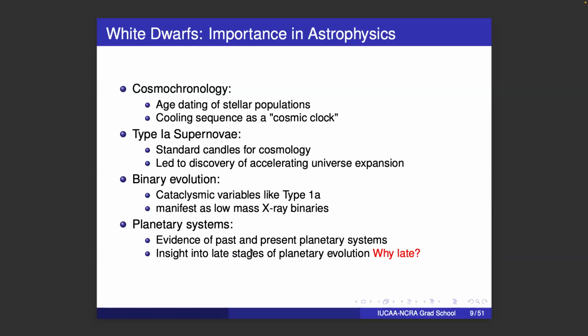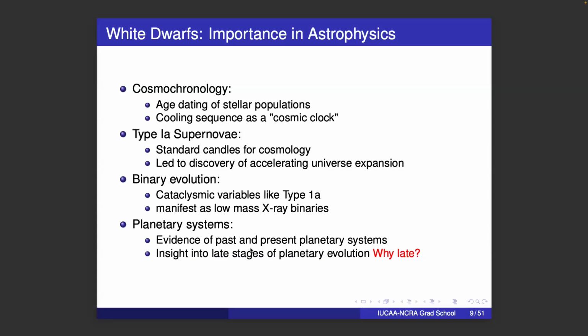That cannot happen in 100 million years. It can only happen in 5 billion, 10 billion, 15 billion years. So if you're seeing a lot of white dwarfs, that indicates a substantial old stellar population, such that lots of low mass stars have converted into white dwarfs. So that allows you to do age dating.